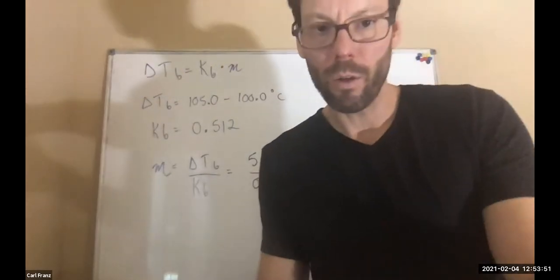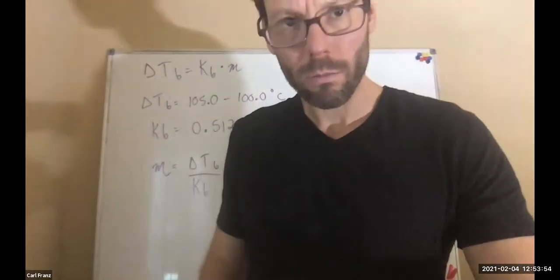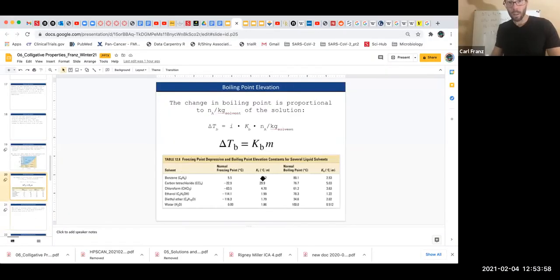And if you look back at that chart, I think I was pointing out the KF constants when I was talking about this as examples. So you disregard that. Actually, over here to the right are the KB constants. When we get into freezing point depression, then we'll talk about these. But if we look at water, it's 0.512. Okay.